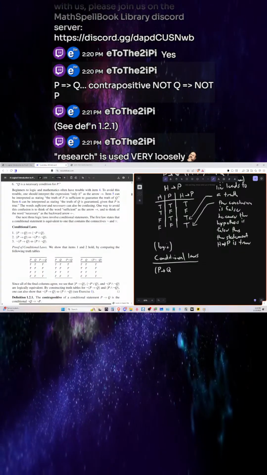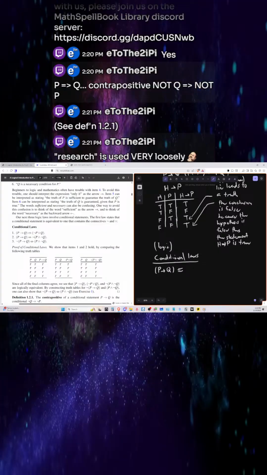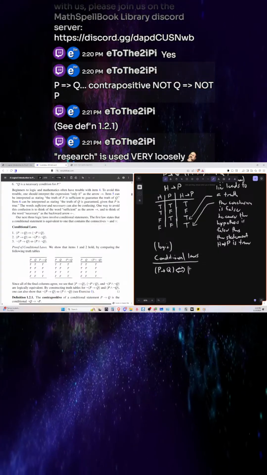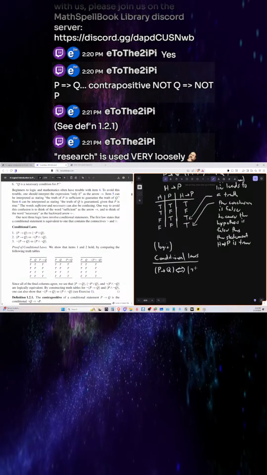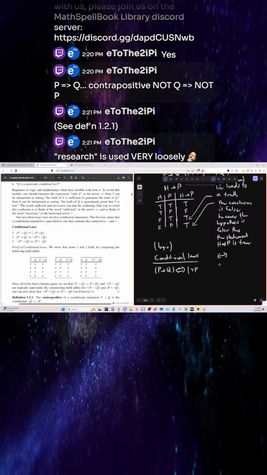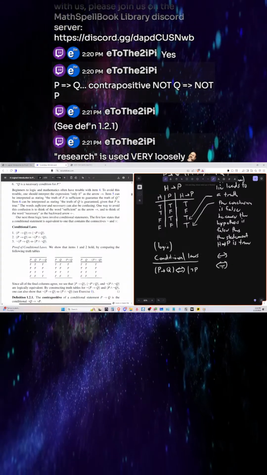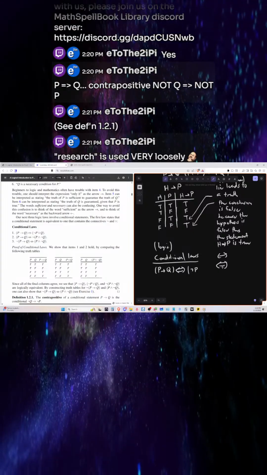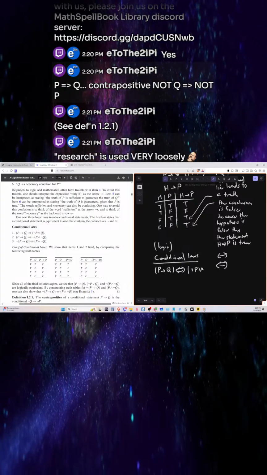P implies Q. If, actually, what's the difference between this and this? Is there a difference? Now that question's in my head.